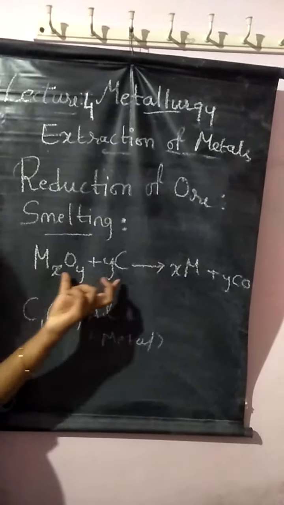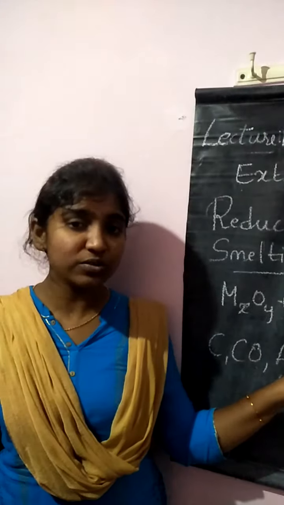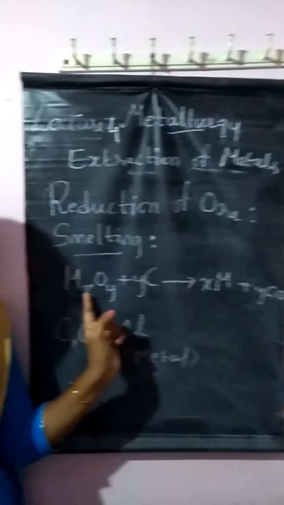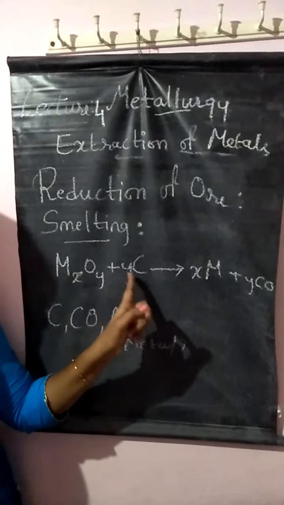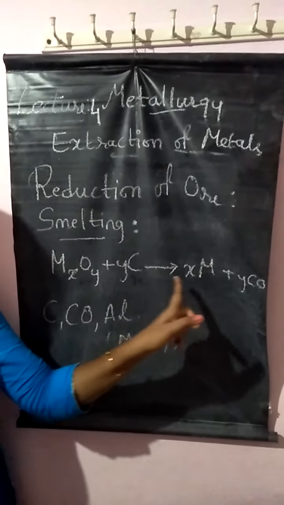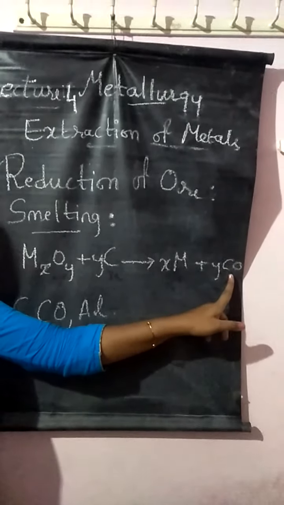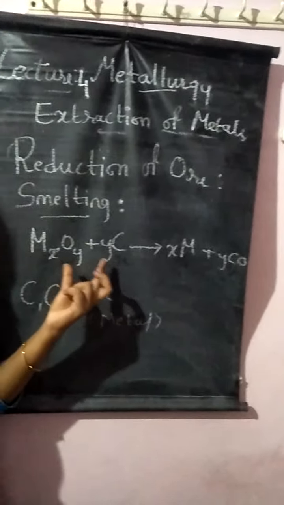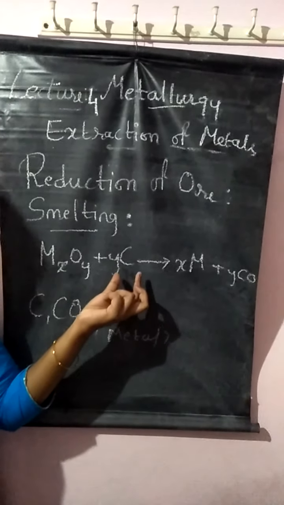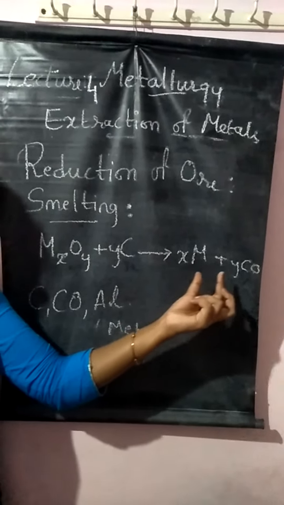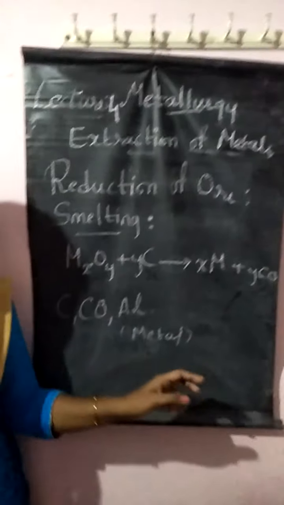This is a generalized equation of any metal oxide reacting with a reducing agent, here taken as carbon. When we are heating this, we are getting a crude metal and we are also getting carbon monoxide. So this is a generalized equation of how oxide metals react with the reducing agent and convert into the crude form of the metal along with the evolution of carbon monoxide.